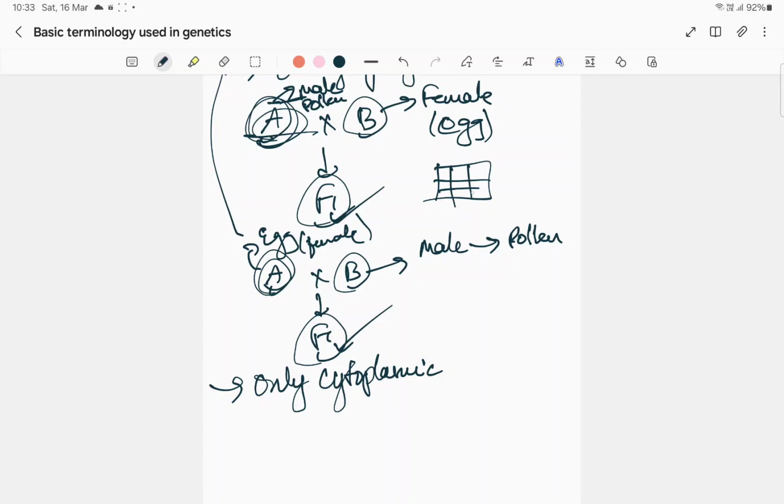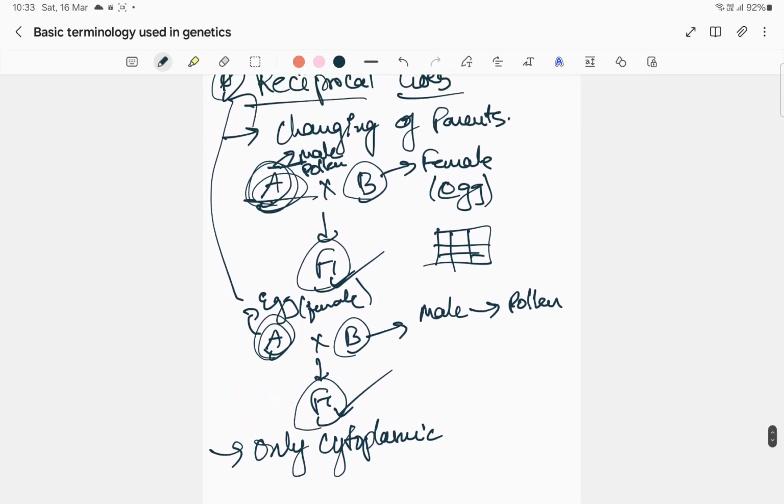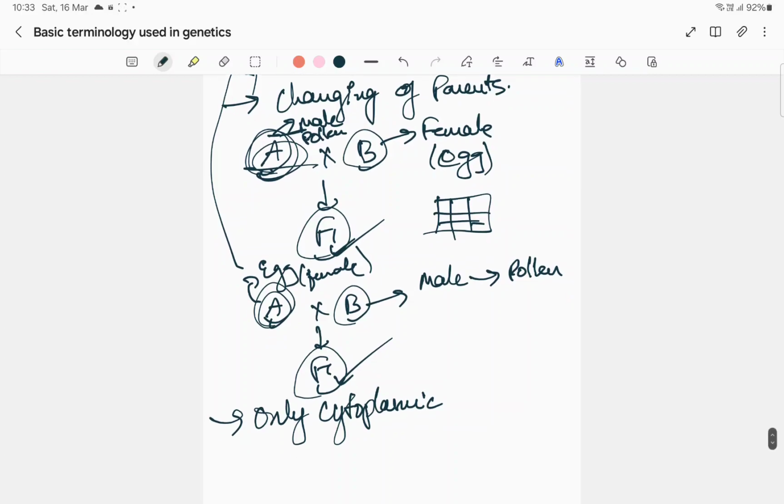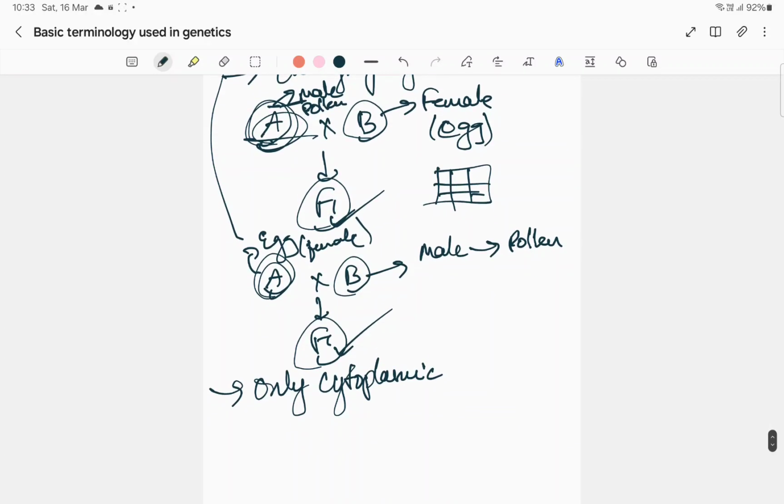That's why we will prefer half diallel compared to full diallel. Later we can discuss half and full diallel. Based on this simple concept only, we do the half and full diallel for crops in which cytoplasmic characters are not governing. Yeah, that's it. These are the reciprocal crosses.